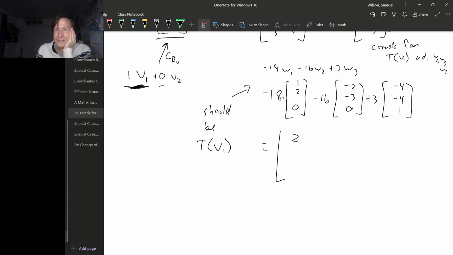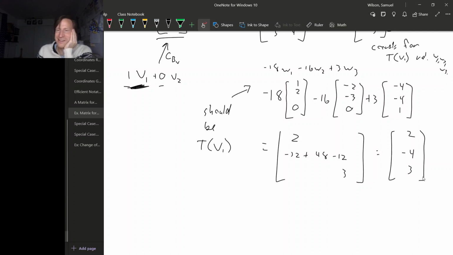And then let me write some of this out, minus 32 plus 48 minus 12. So that's going to give us minus 4. And then for our third coordinate, that one's easy. Fortunately, that one's just 3, right? 0 plus 0 plus 3, so 3.